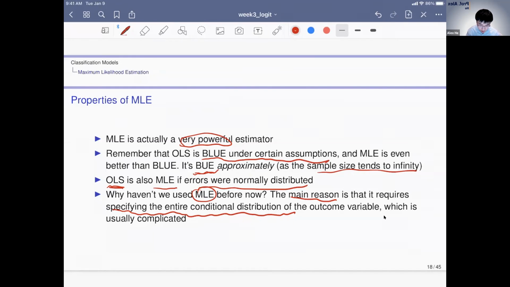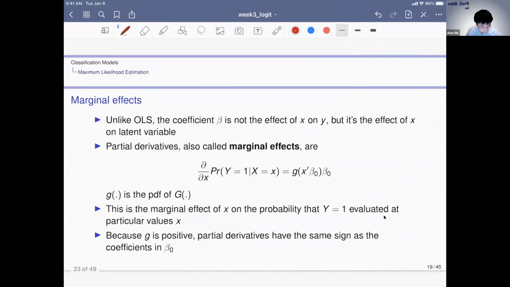We're also going to see this again in 2 weeks when we talk about survival analysis, where it's also estimated using the maximum likelihood. So it's still very useful in many settings.